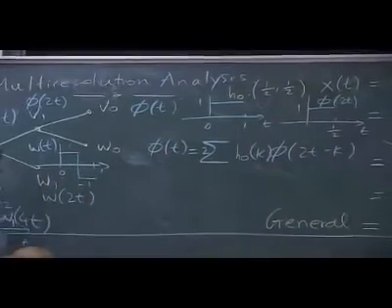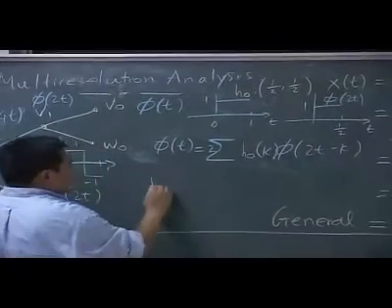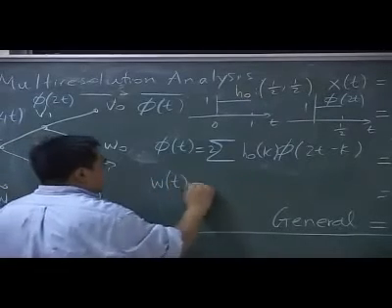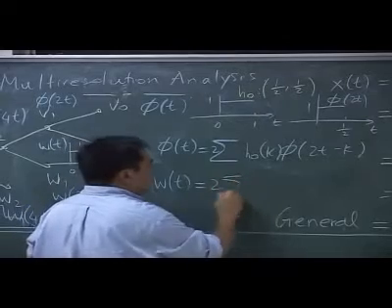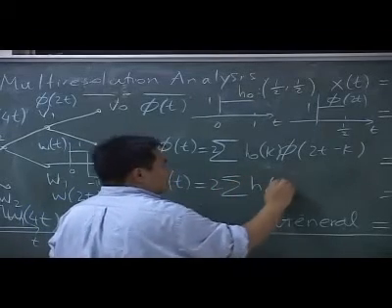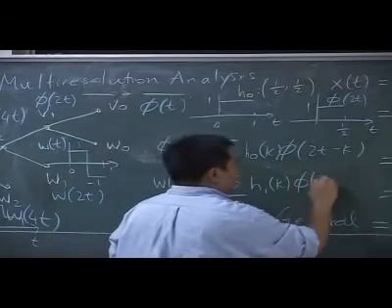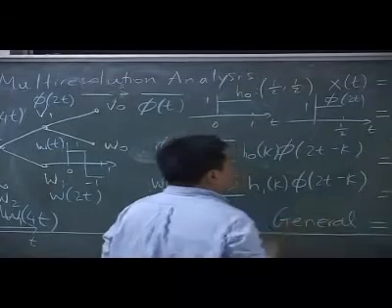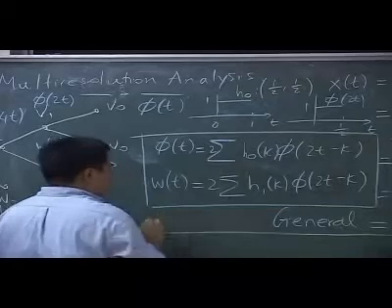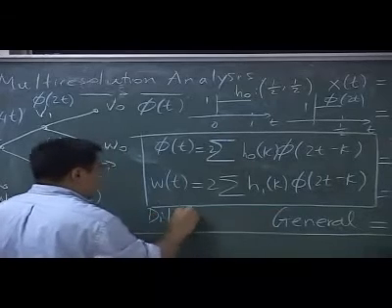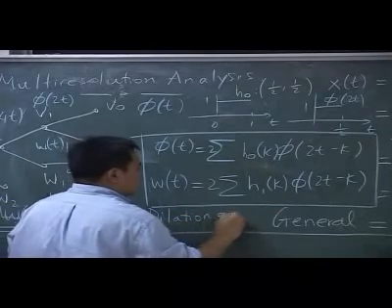Okay? So in general, I have W of t, which is a smaller space, with 2 summation h1 of k, phi of 2t minus k. So both are called the dilation equation, right? For dilation equation.